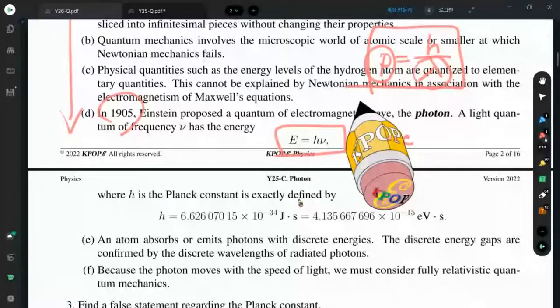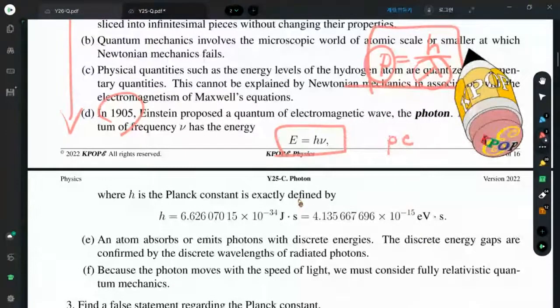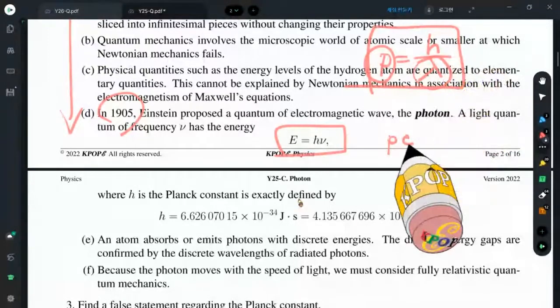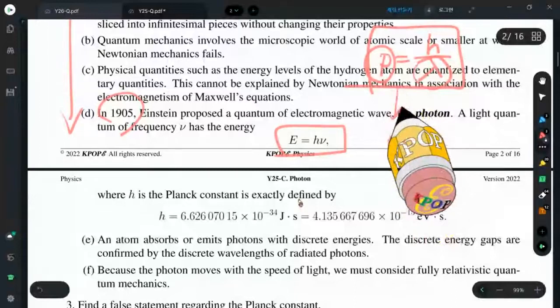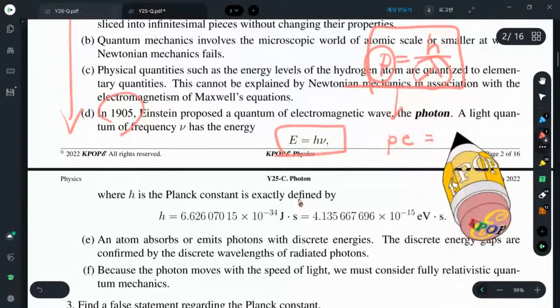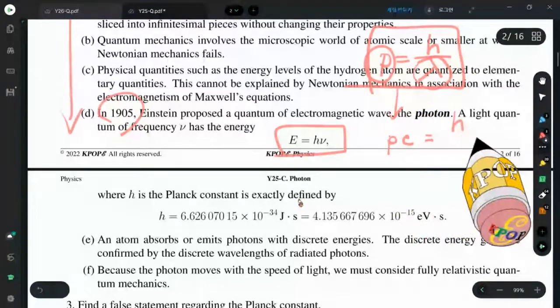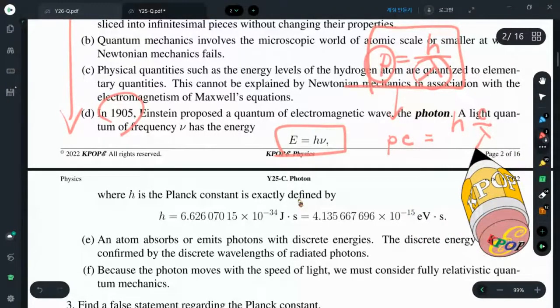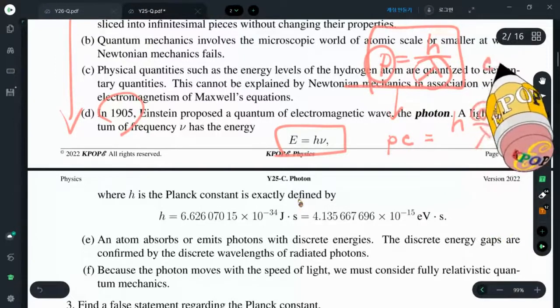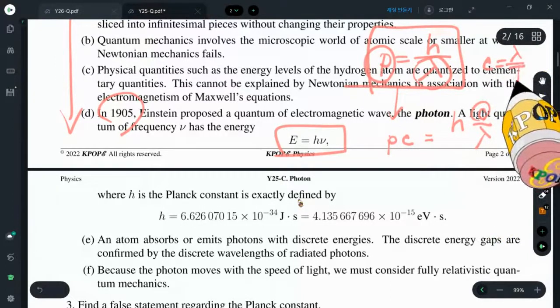Okay, so if we combine this idea with the photon that is moving with the speed of light, and substitute in here, we find it is hc over lambda. And c is lambda over period.